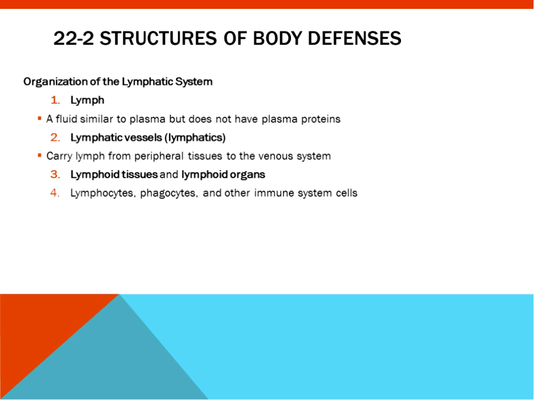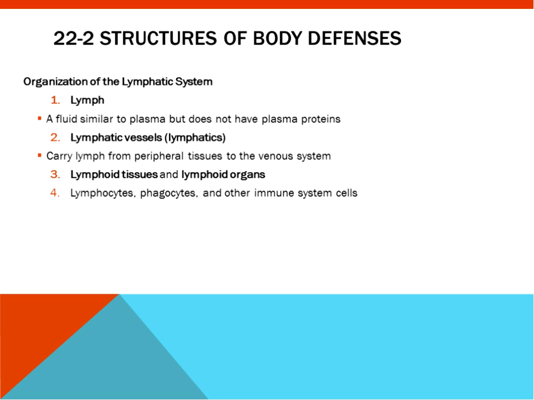Also, another big difference is that lymph doesn't have any of those plasma proteins, those albumins, fibrinogens, immunoglobulins. I hesitated on immunoglobulins because we will talk about B cells very shortly here and those antibodies. But it doesn't have those really big plasma proteins that we associate with the blood.